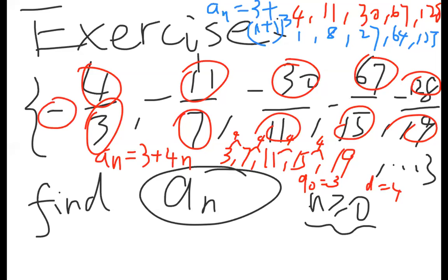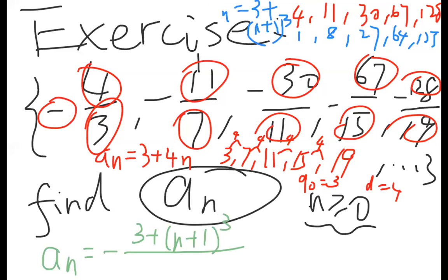And there is a negative sign in front of the fraction. So in general, an is minus the general term for the numerator, 3 plus n plus 1 to the third. I should use different naming.